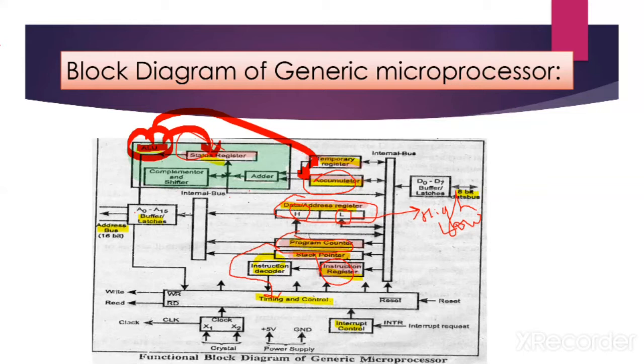A 16-bit address can also be stored. It means there are 6 registers in generic microprocessors. Accumulator and instruction registers are 8-bit registers, and program counter and stack pointer are 16-bit registers. Data or address registers are separately 8-bit registers, and in pair they are 16-bit registers.